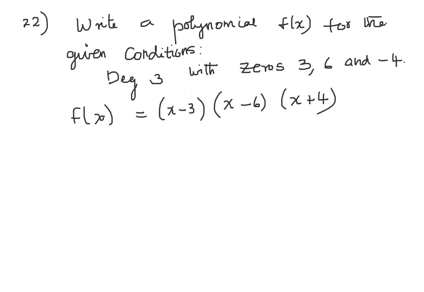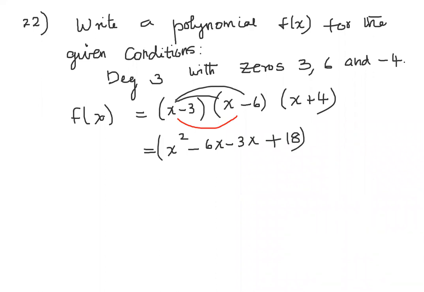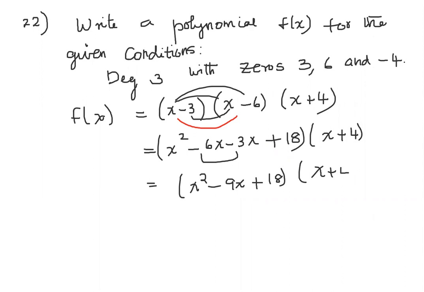Remember? Now we are going to FOIL these two first. So we get x squared minus 6x minus 3x plus 18. And times x plus 4. So combine the like terms here. And then we are going to multiply again.